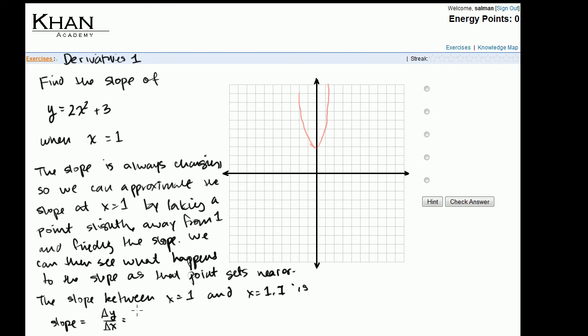So it's 2 times 1 squared plus 3 minus, or actually we should do the 1.1 first, the larger one. Well, it doesn't matter. But 2 times 1.1 squared plus 3 minus 2 times 1 squared plus 3, all of that over 1.1 minus 1. And that'll be some number.